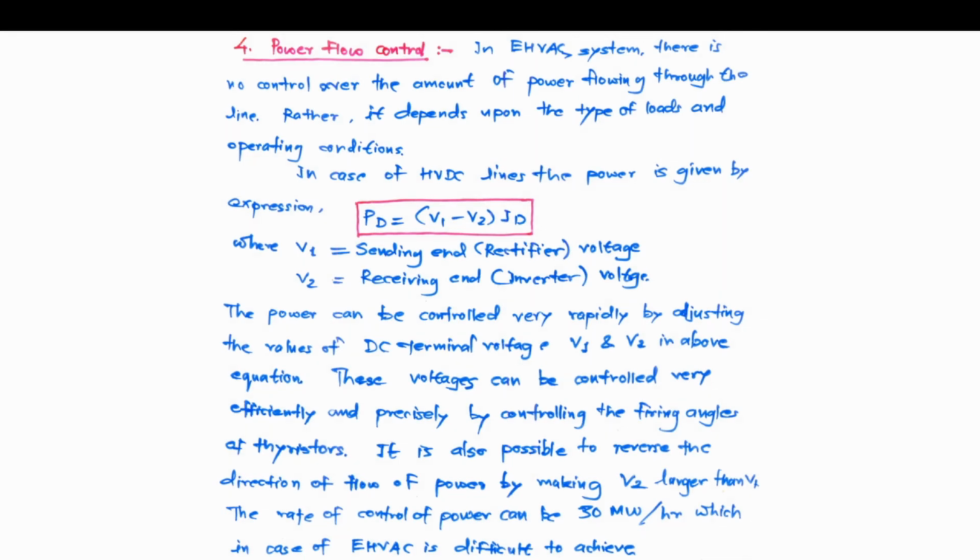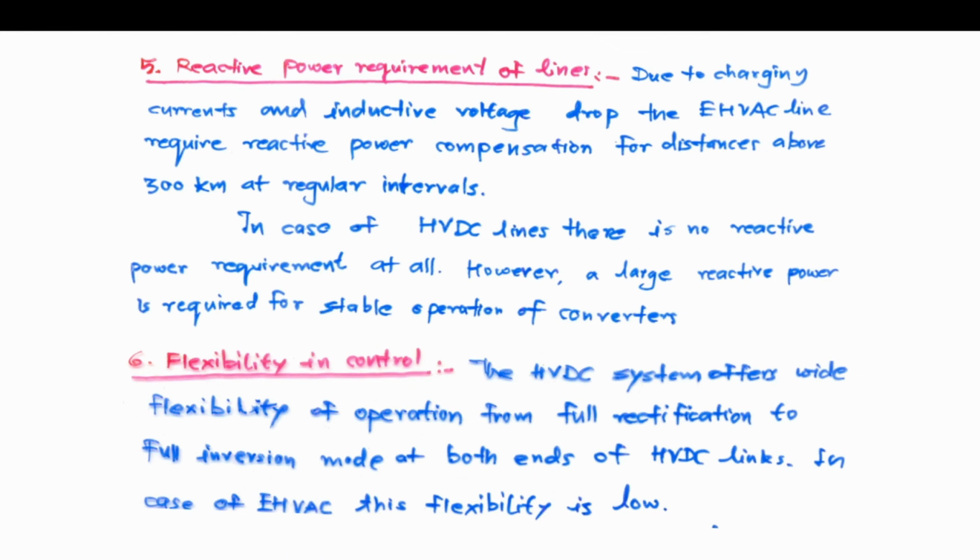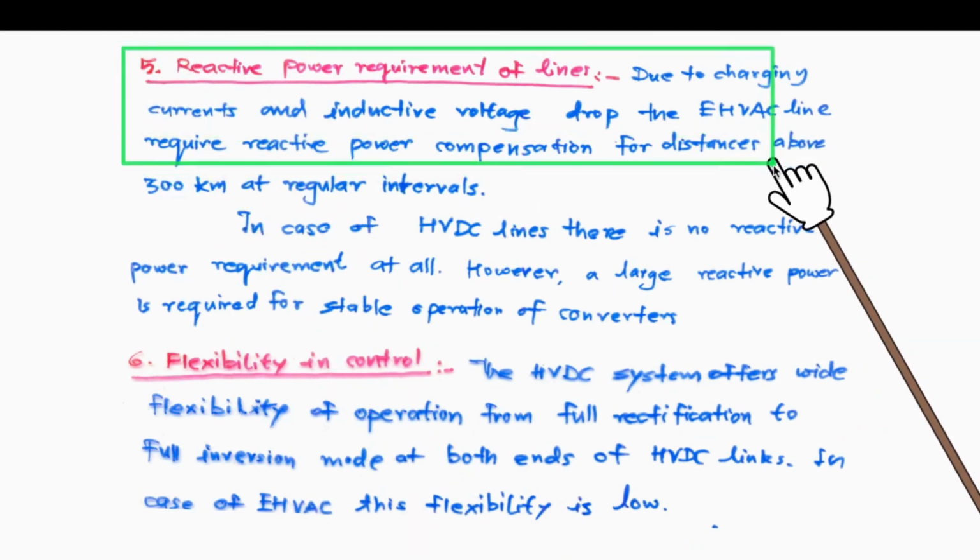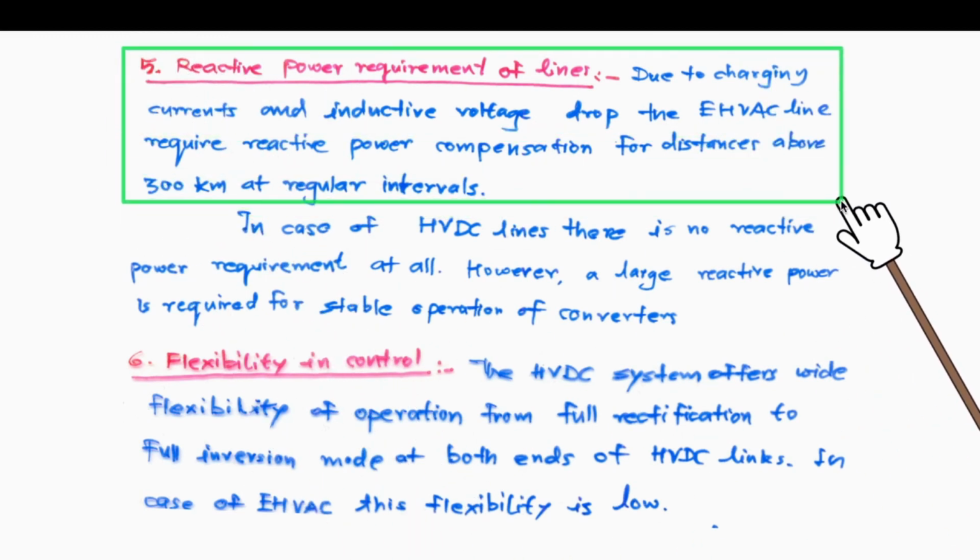All right. The next point of comparison between EHVAC and HVDC transmission networks is in terms of the reactive power requirement of the lines. So first of all, we consider the EHVAC alternative.